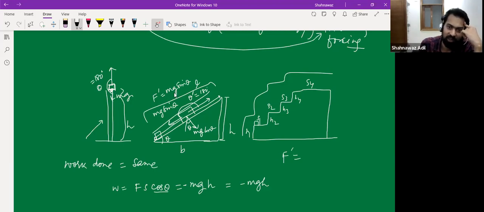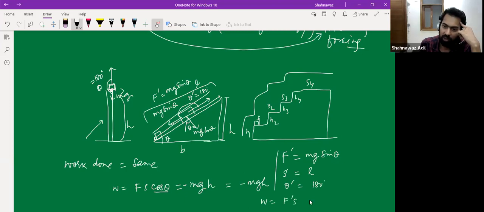Yes, so force is mg sin theta, and the angle between it and the displacement, let's say S is L, and theta prime is 180 degrees. So your work done in this case will be F' S cos theta', so this is mg sin theta.